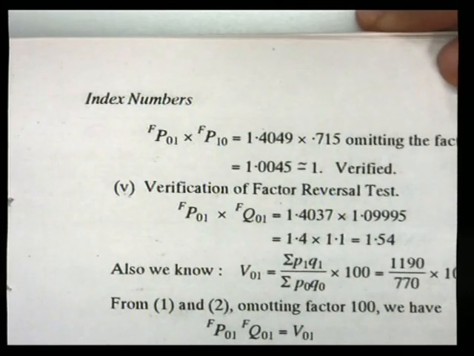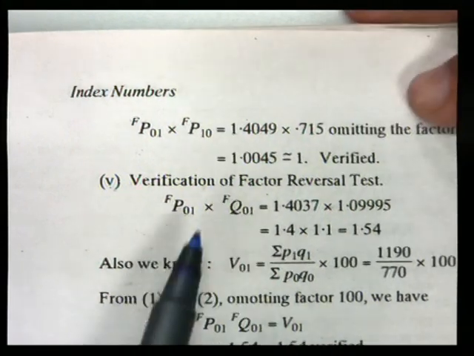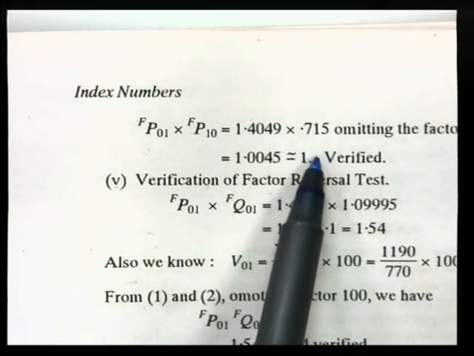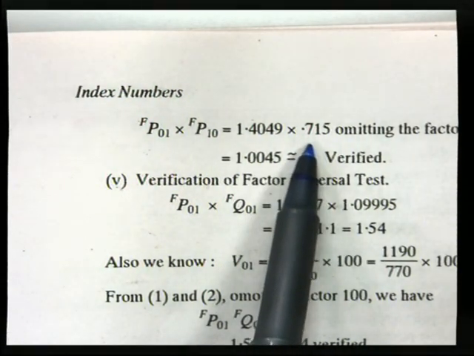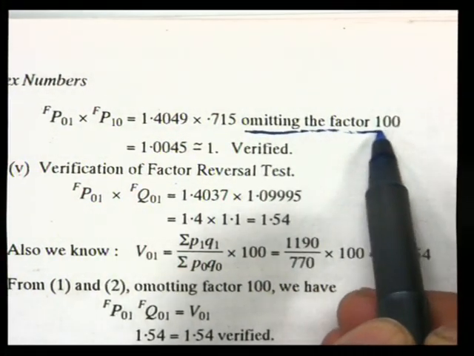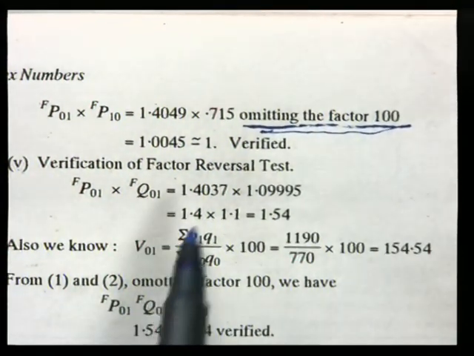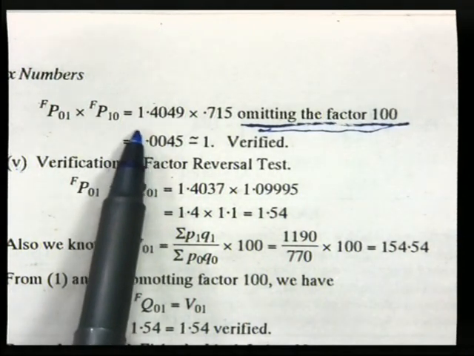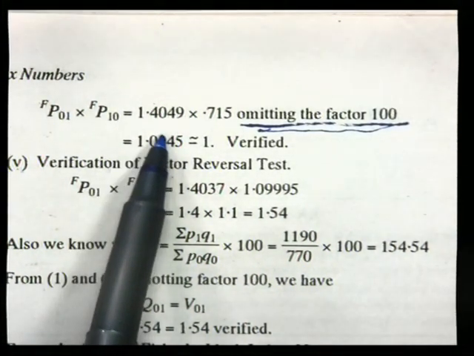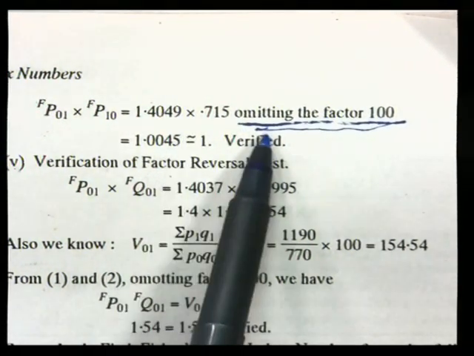Now Fisher's P01 is multiplied by P10. We already have Fisher's P01, the answer was 140.49, and it is multiplied by 71.5, omitting the factor 100. Remember, while verifying TRT, we will not include 100, and that's why, omitting the factor, instead of 140 we put 1.40, and instead of 71.5 we put 0.715.